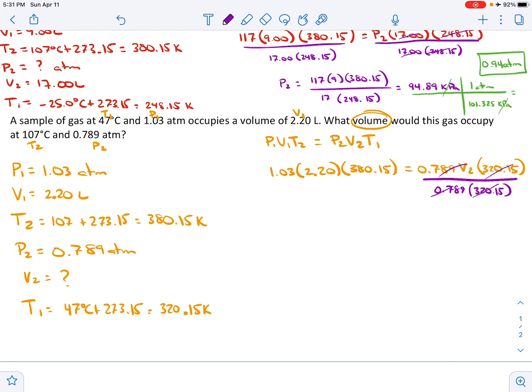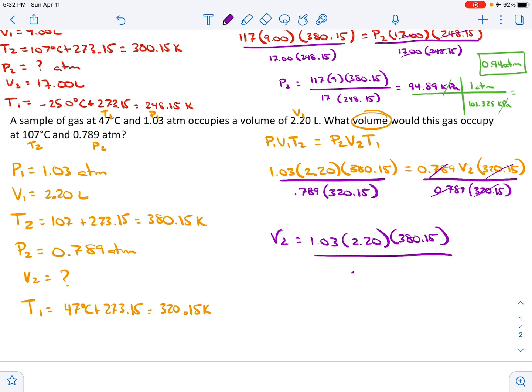All right. I didn't mean to cross out the V2. Go back to that and try again. Okay. So each side is going to be divided by 0.789 times 320.15. So V2, if we write it out, 1.03 times 2.20 times 380.15 divided by 0.789 times 320.15.